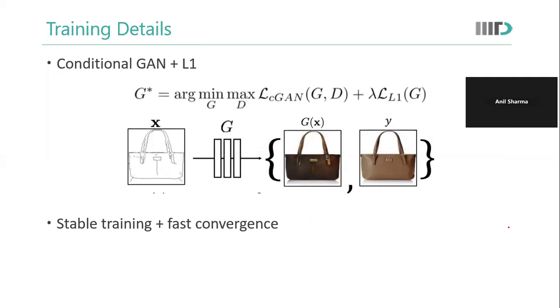Now, if we talk about the training of pix2pix GAN, then in the conditional GAN, along with the modifications of the objective function that we have discussed, there is also an L1 loss added to the objective function.